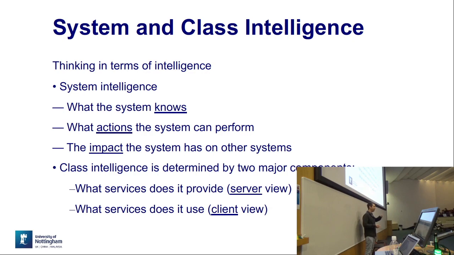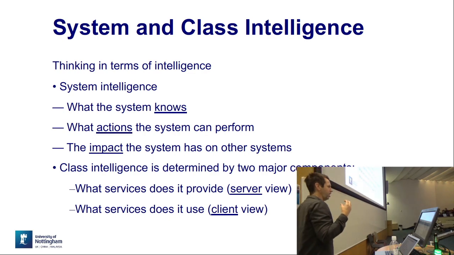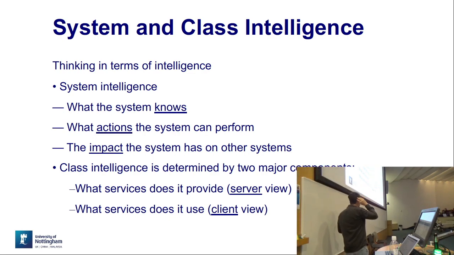I can't find things anymore. I'm struggling to find things. And when I make a change here, it's having too great of an impact on other places that I can't understand. And these are all signs that your classes have too much intelligence. And it can get very frustrating, actually.